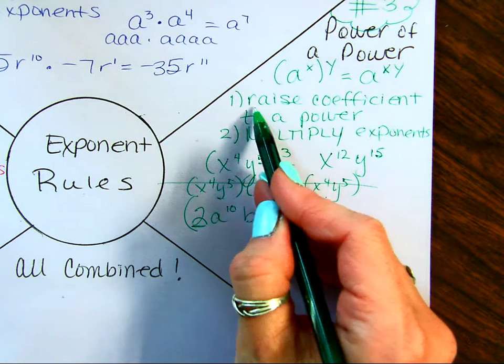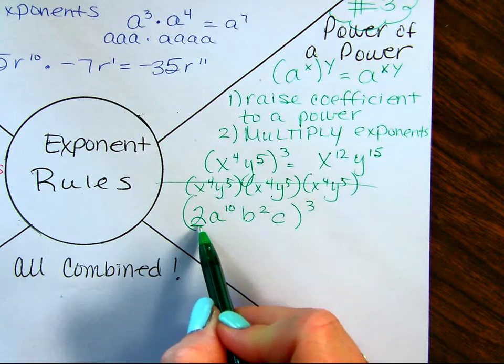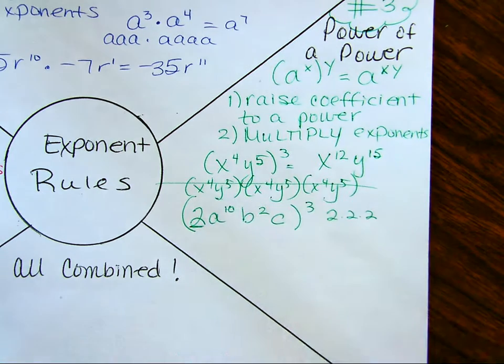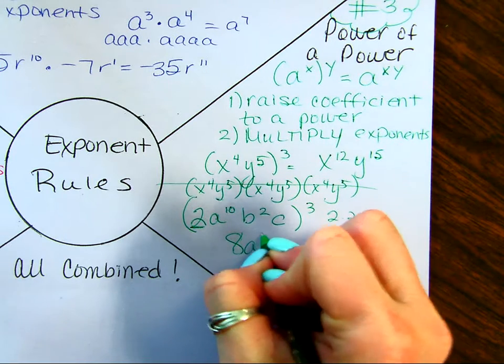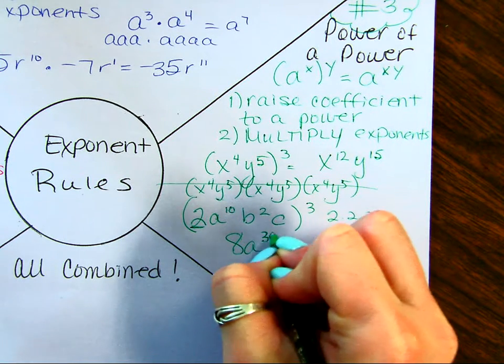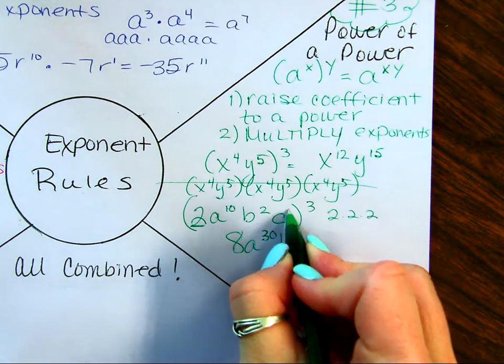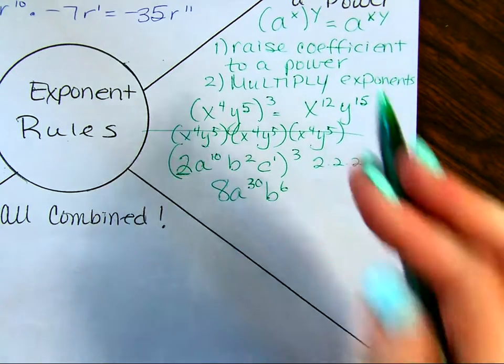That's what number 1 says, raise coefficient to a power. Whatever power's there, raise that coefficient to that. And that's the same as 2 times 2 times 2, which is not 6, it's 8. And then you know the rest, that's a 30. And then b to the 2 times 3 is 6. And I want you to know, it's kind of confusing when there's nothing there, but 1 times 3 is 3.